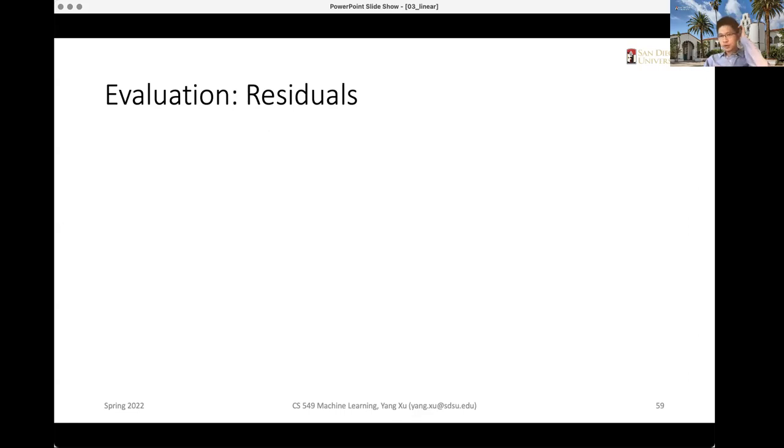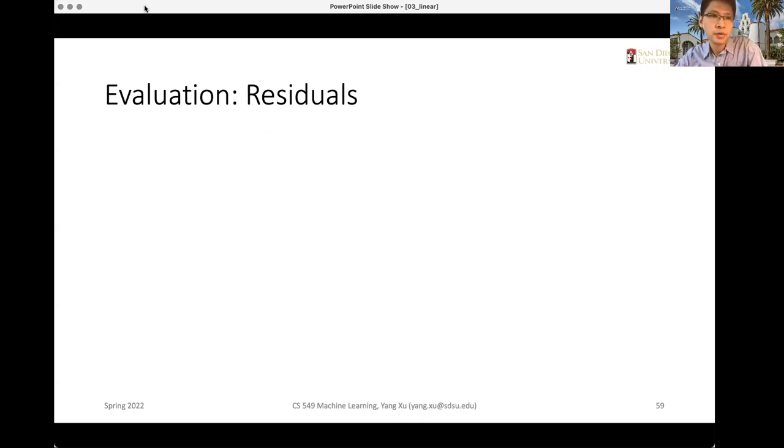And for the evaluation, I would like to mention it a bit, although we will have a complete standalone lecture for evaluation of machine learning models. But for right now, we have a linear regression problem, and strictly speaking it is not a complex machine learning model.